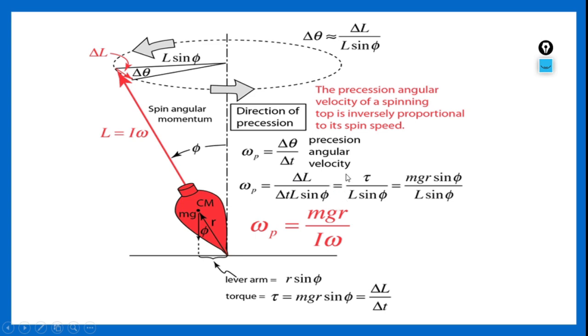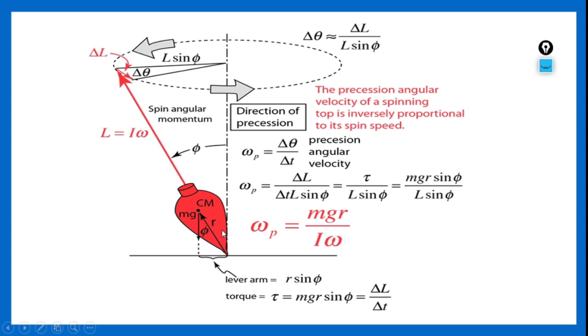When we simplify, we get tau by L sin phi, since we know that delta L by delta t is nothing but tau. Tau can be written as mgr sin phi.